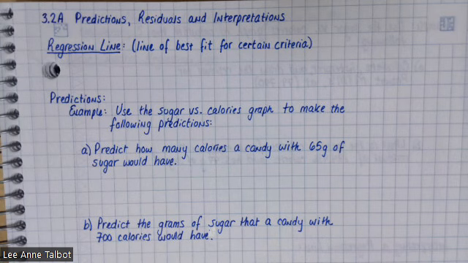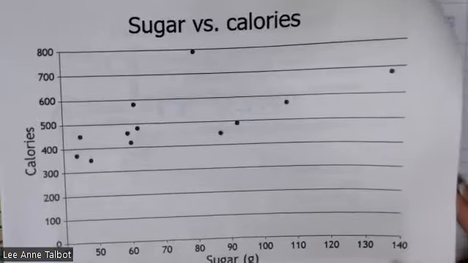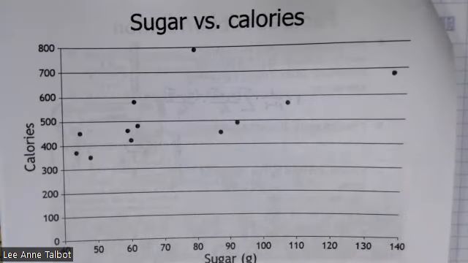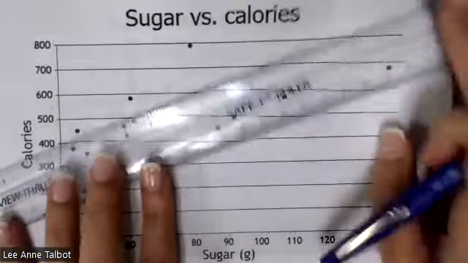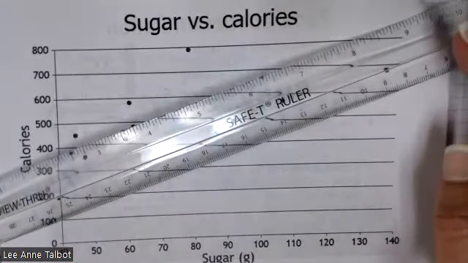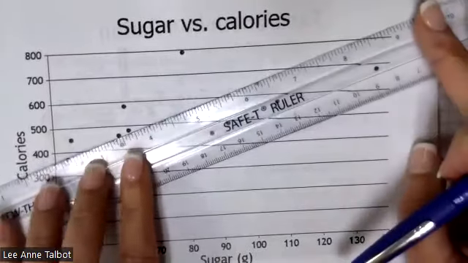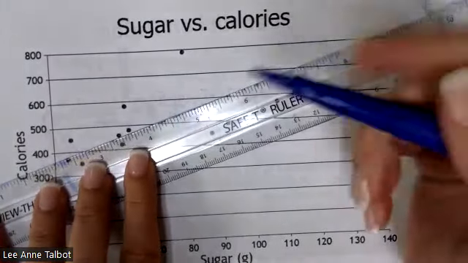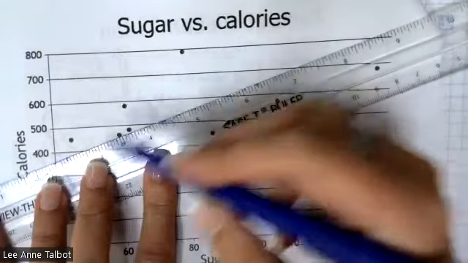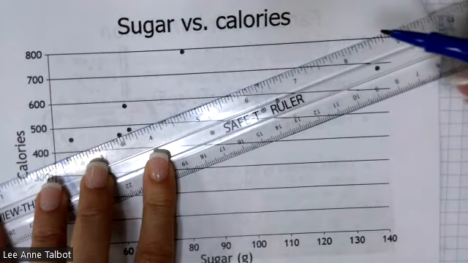Like you take your ruler, let's actually try to do it real quick. So get your packet out. We're just gonna eyeball it right now. I want you to look at this. We're gonna use this graph for a lot of days, but you don't need to do anything right now. You're just watching me. Just like middle school, you would try to get the same amount of points above the line and below the line when you draw your line of best fit, right?